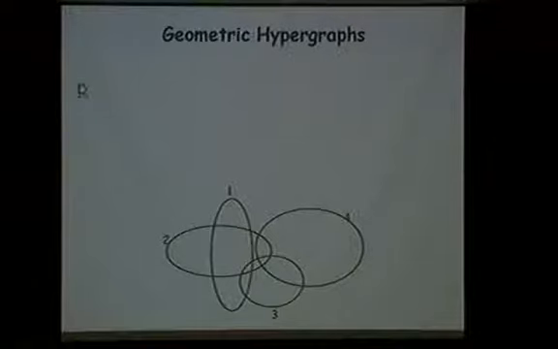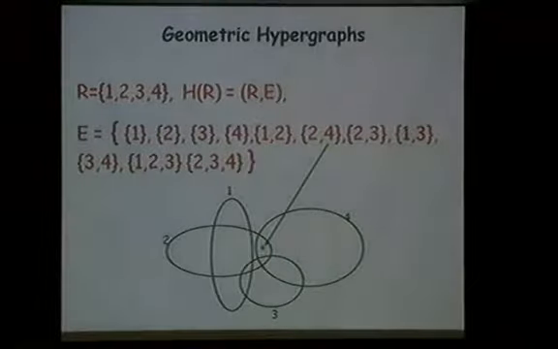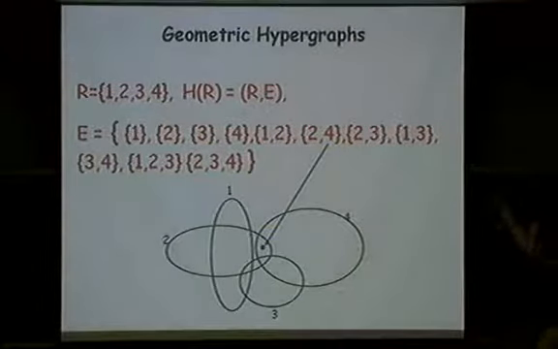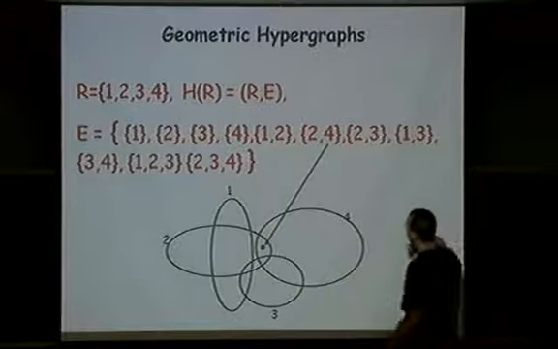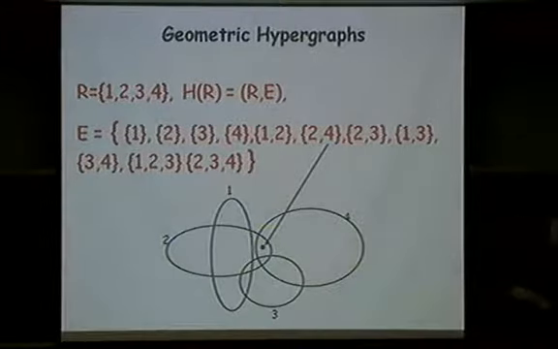So for example, here these 4 ellipses are the vertices, and the subsets that we have are all these subsets. The reason I wrote, for example, 2 and 4, is that I can find a point that is contained in exactly the ellipses 2 and 4. I cannot take a proper subset, I take everything.